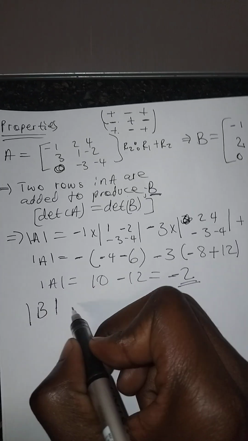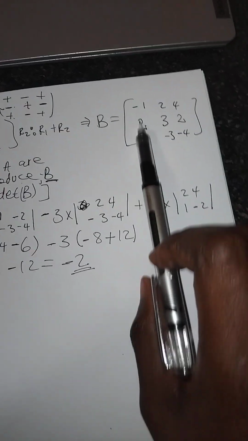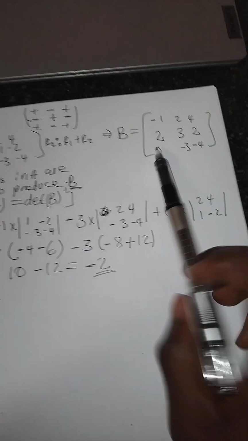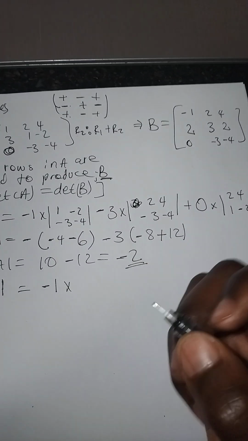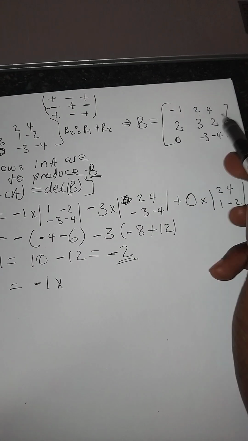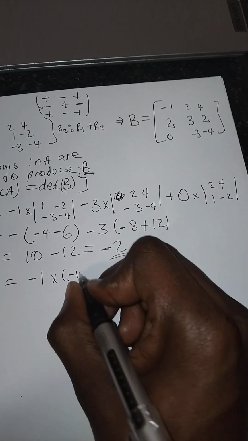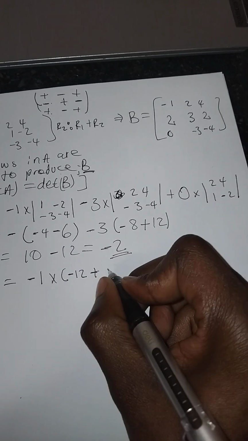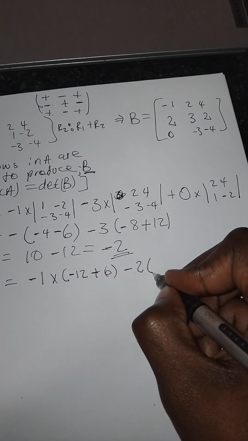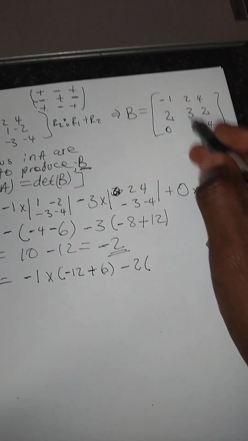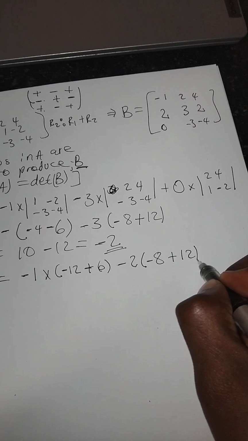So the determinant of matrix B, we see that yeah, we can also use this first column because we are taking advantage of the 0 there, okay, to make our life easier. So we're gonna have minus 1 multiplied by, we cancel this one and that one, so it's basically multiplied by minus 12, then plus 6, then minus 2 multiplied by, we cancel this and that, so it's basically minus 8, then plus 12, just like that.